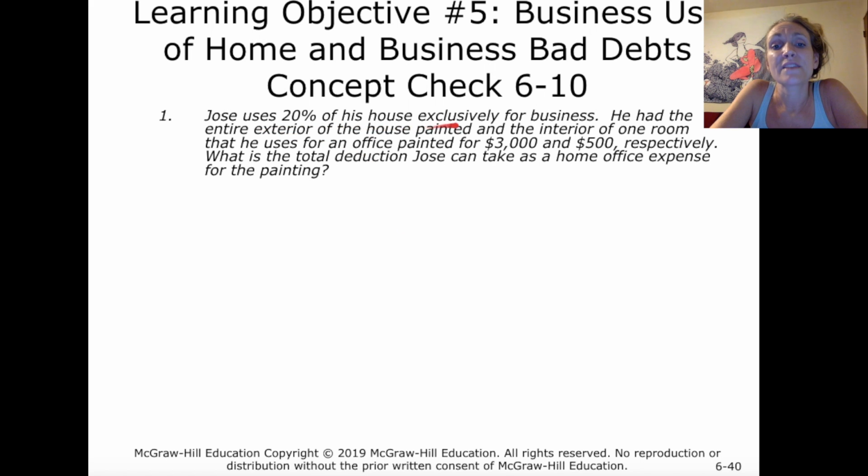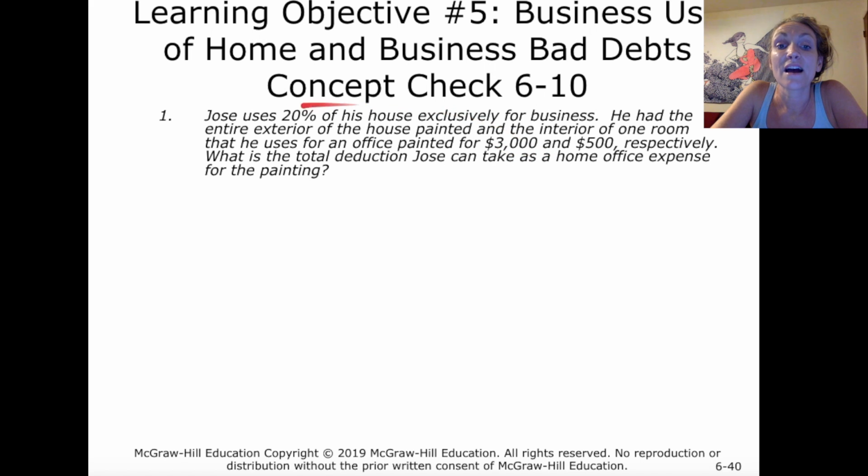Jose uses 20% of his house exclusively for business. He had the entire exterior of the house painted and the interior of one room that he uses for an office painted for $3,000 and $500 respectively. What is the total deduction Jose can take as a home office expense for painting the home? So the $3,000 is for the entire home.